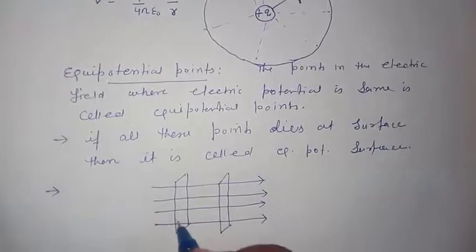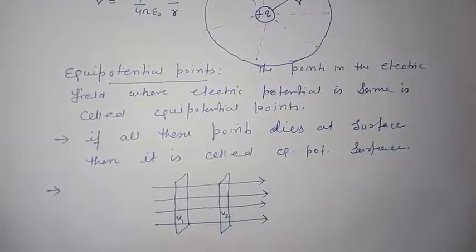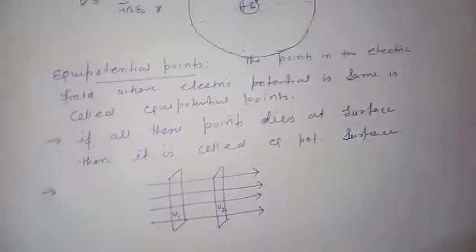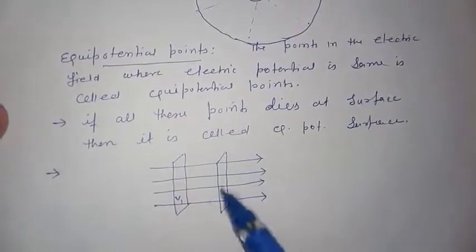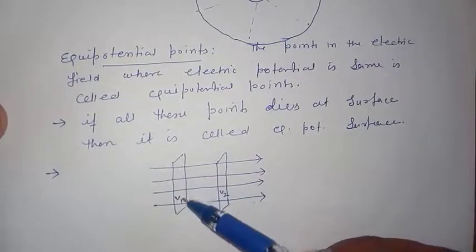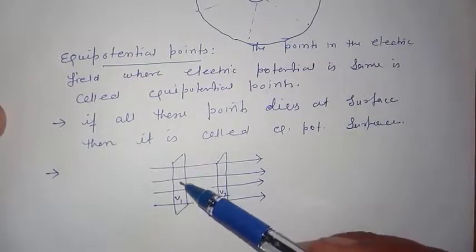These are two surfaces where potential will be constant. V1 means at each point over this surface the potential will be V1, suppose 5 volt.